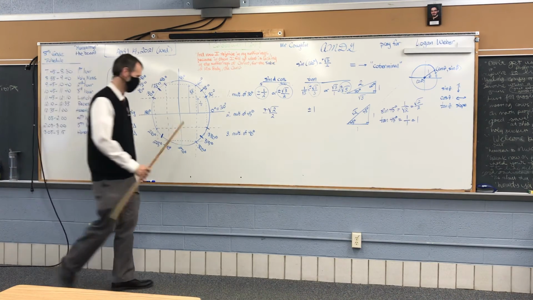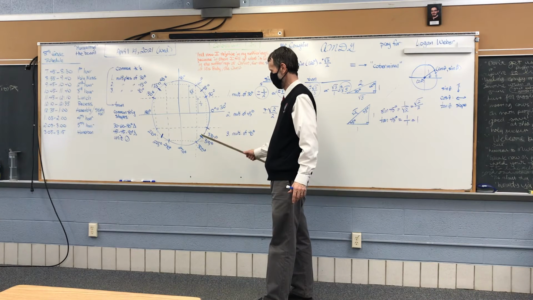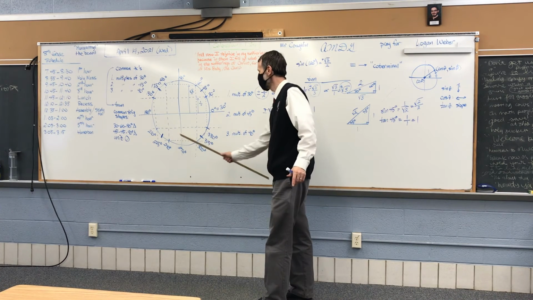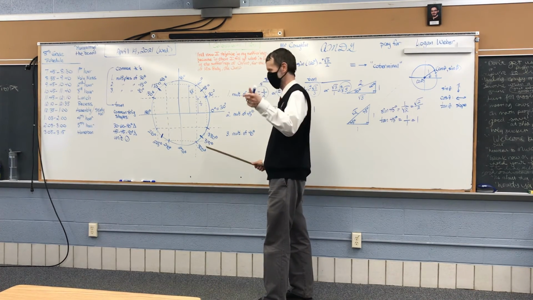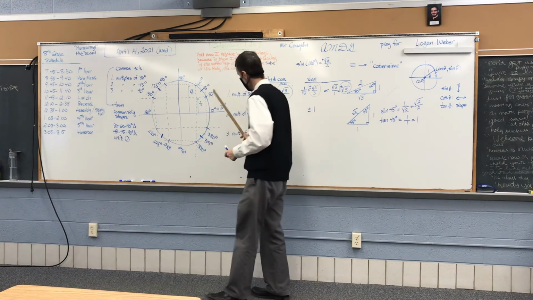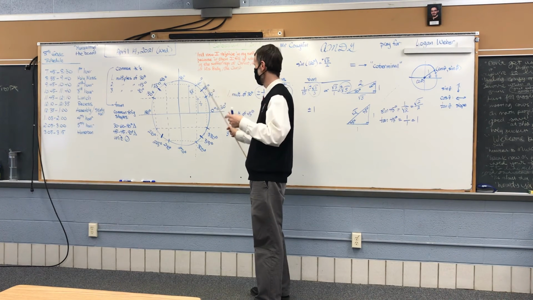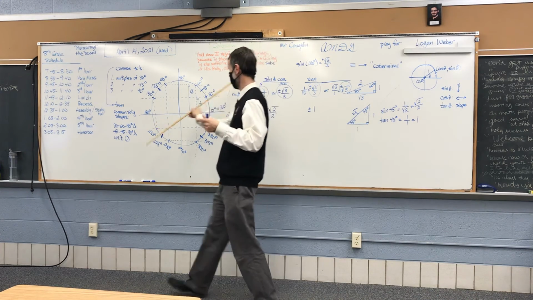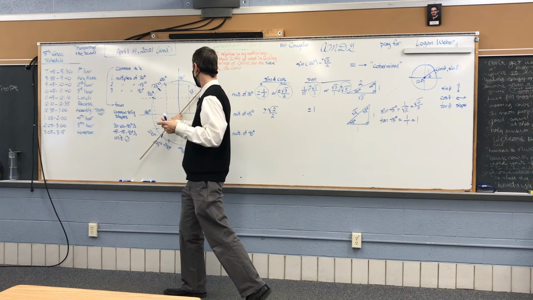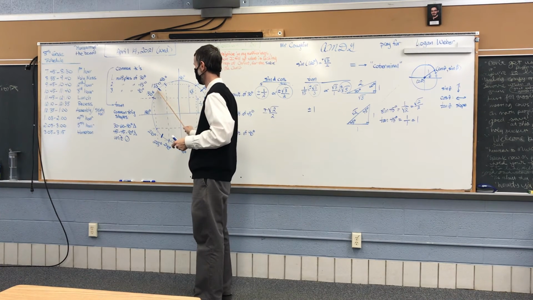So this is 315. Sine. Nice. Cosine. Radical 2 over 2. Tangent. Good. Sophie. Sine. Nice. Cosine. Nice. Tangent. Positive 1. Sine.